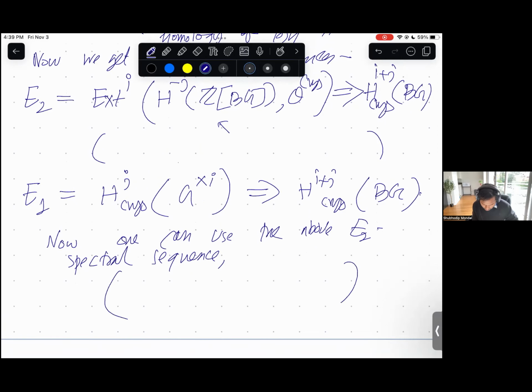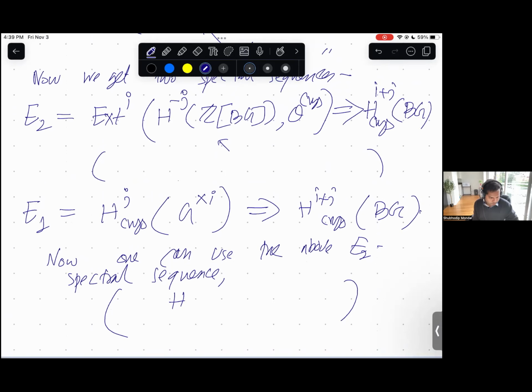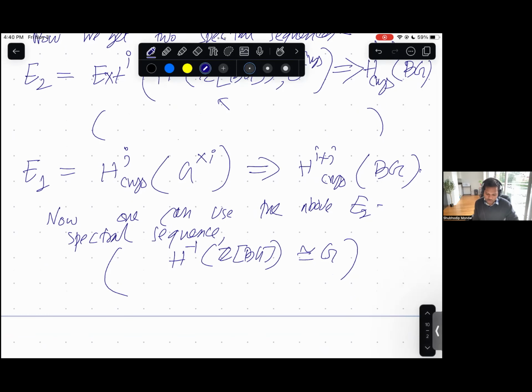For example, the low degree singular homology of BG can be directly computed. So this, for example, is G, and then this one. Again, these are true for any general abelian group object in A.